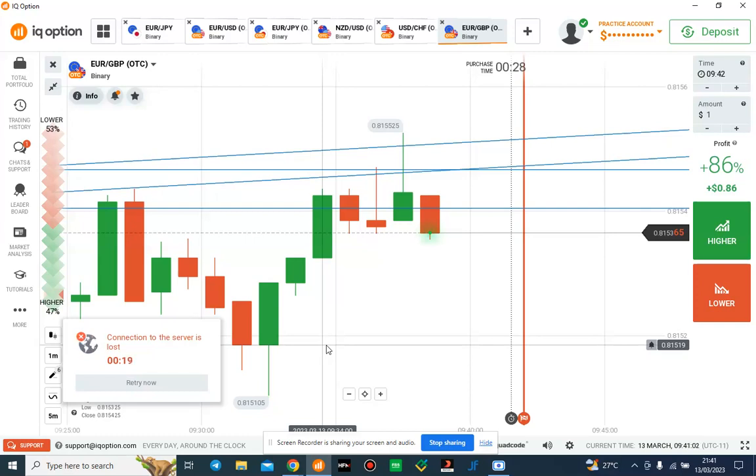Also make sure that you are able to draw the area perfectly, because sometimes you might think the market has broken the area but it didn't. Okay, so those are the things you must consider before taking a trade, trading support and resistance.